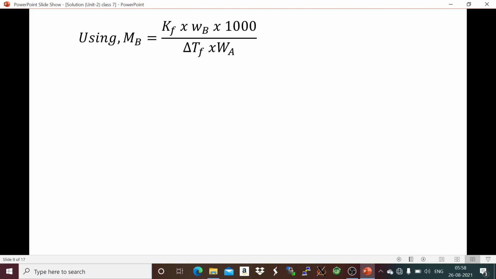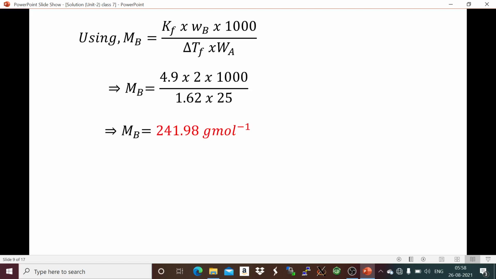Now using this formula we can calculate the molar mass. Kf is given, WB given, WA given, ΔTf given. So using this formula we can calculate this abnormal molar mass, MB, the experimental or observed molar mass. Putting the values and calculating, we get the molar mass of benzoic acid in benzene as 241.98.